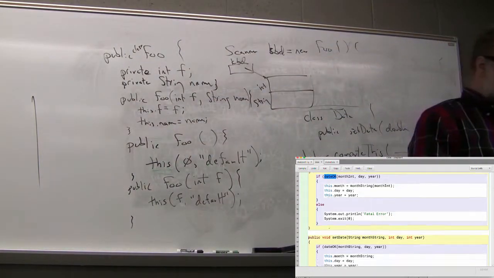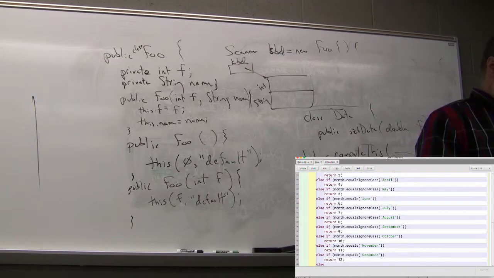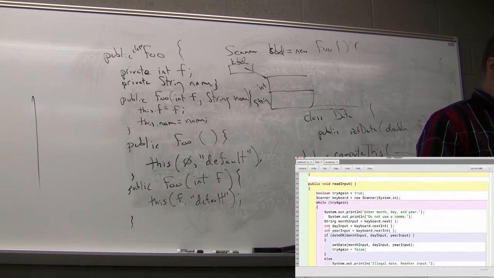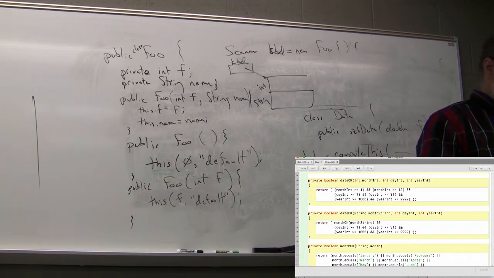We've actually looked at it before, I'll just remind you. It's kind of lengthy, but where's dateOK? DateOK is down here. It checks, is the month valid? Is it between 1 and 12? Is the day between 1 and 31? Is the year the right dates? I guess they haven't checked for the number of days in the months. That's fine. But that's the kind of check that you would make in dateOK.